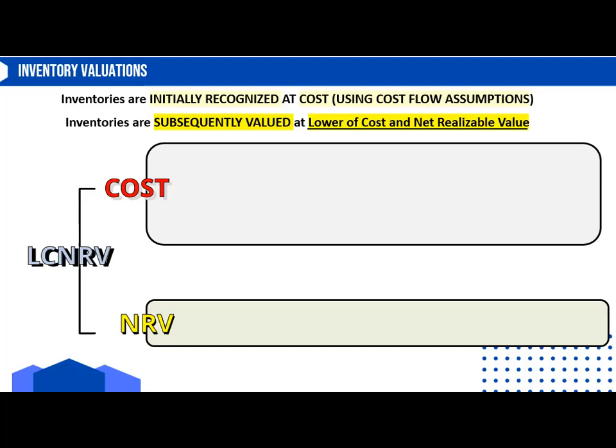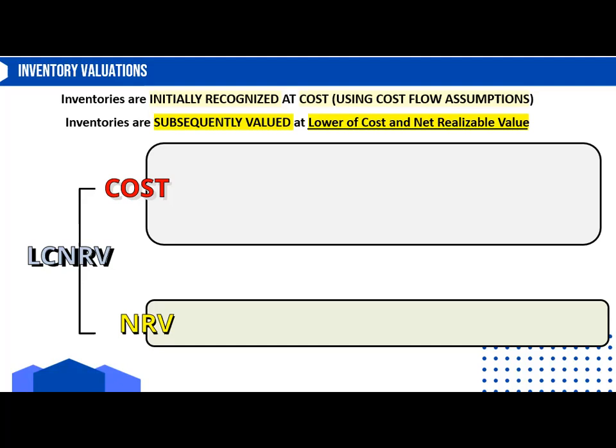Right? So, ang nangyayari, may tinatawag na net realizable value. At year 3, let's say the net realizable value is at 8,000 na lang. Meaning, ito na lang yung value na makukuha ko if I actually sell the product. So, yung 8,000 na yun, ang tawag natin doon, NRV. And there's a way to calculate our NRV.